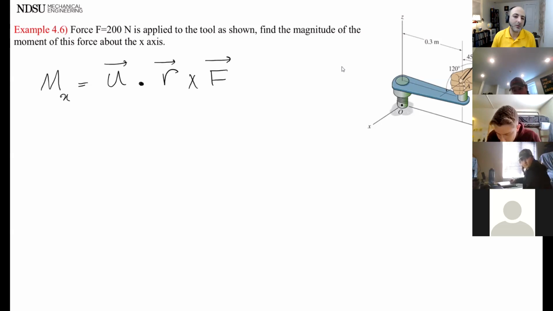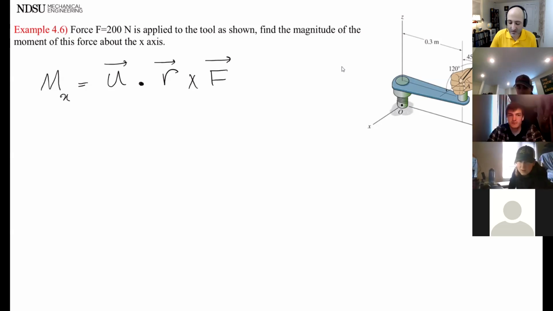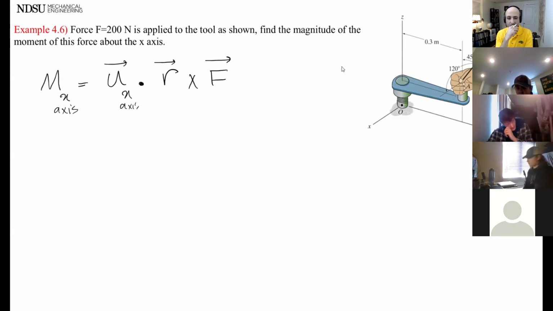Now let's label it. What is that U supposed to be? Unit vector of what? The x-axis. Whatever axis you have, BC, BA, in this case x, you just do the unit vector of that axis.